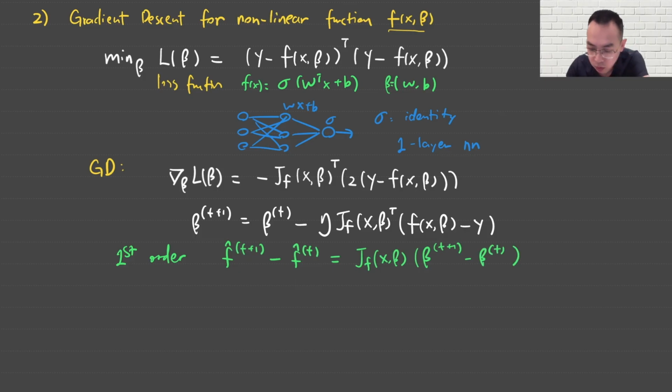Right, so that is the first order Taylor formula. Okay, I should also change this equal sign here to approximately. So we can use a linear function to approximate the difference between the predicted values.